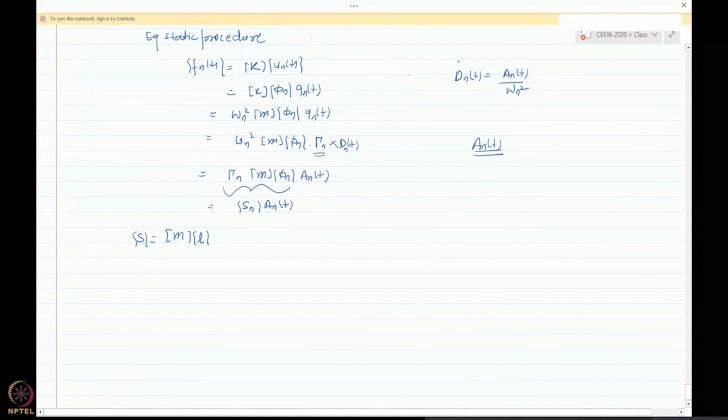And if you want to find out un(t), that's not difficult as well. Un(t) you can directly find out as gamma n divided by omega n square times phi n and An(t).